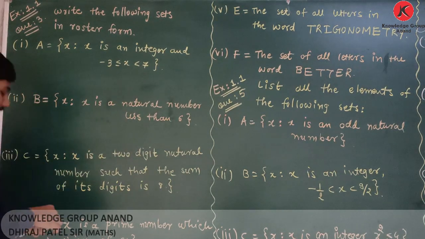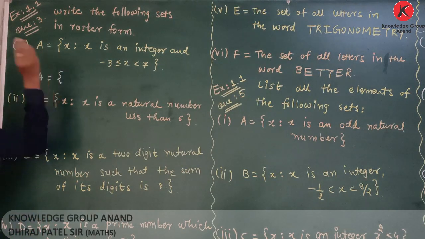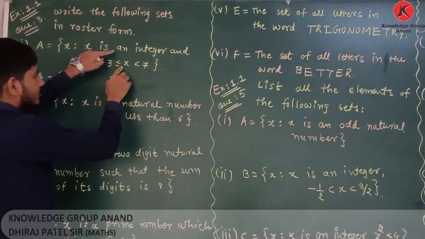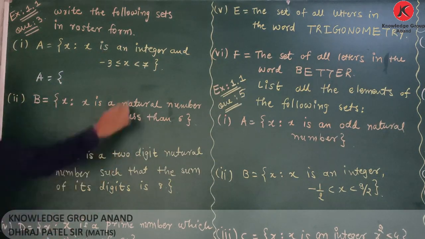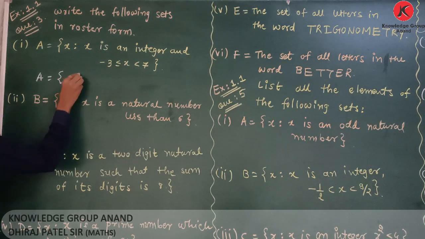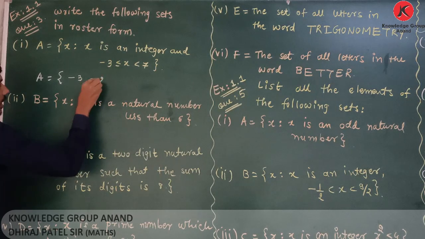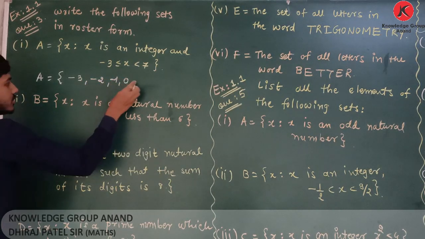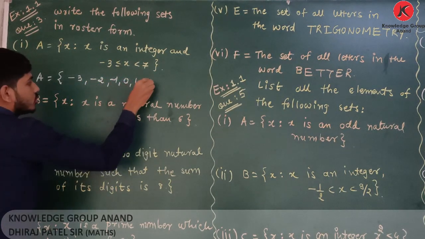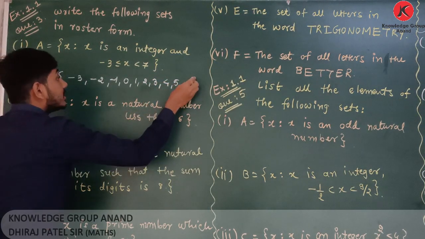That means we can write set A equals to those which satisfy both the conditions. The integers which satisfy this condition are minus 3, because the equal to sign is there, minus 2, minus 1, 0, 1, 2, 3, 4, 5, 6.